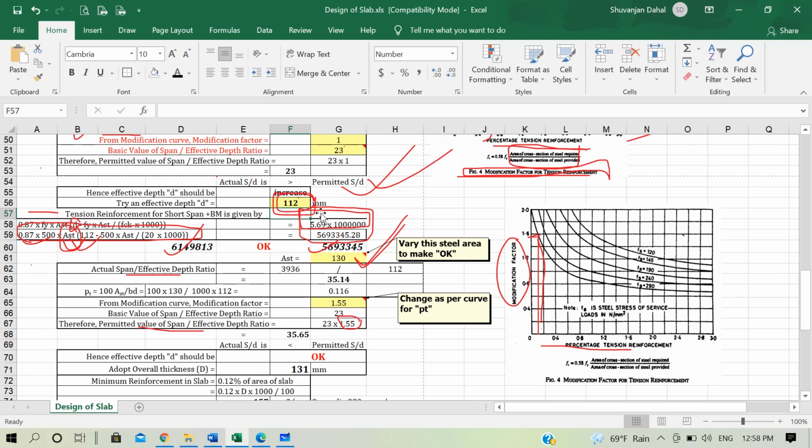By increasing the effective depth to 112 mm, we got, let's say 111 mm, because our overall thickness is 130 mm. So our overall thickness of the slab will be now 130 mm, and our effective depth we got to be 111 mm.